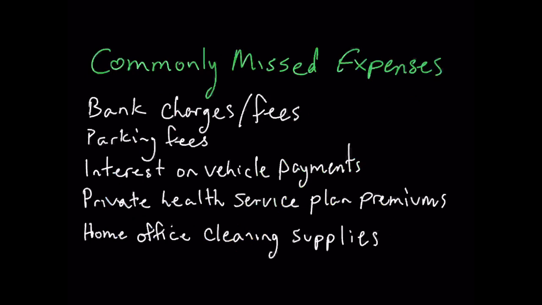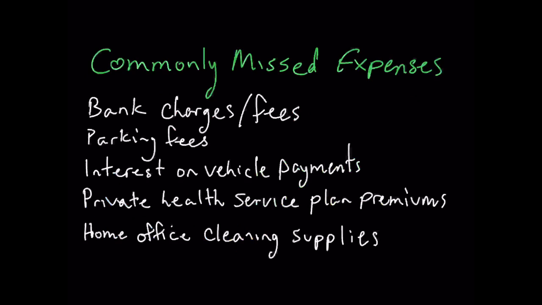Here are some commonly missed expenses that we see for most people that are self-employed. Obviously, different niches are going to have some other expenses that might be commonly missed, but for most people, these fees are related to them, and so it's important to remember that these can be expensed. If you have a business bank account, those fees and those bank charges that a lot of these big banks charge, those you can expense. We just talked about the parking fees.